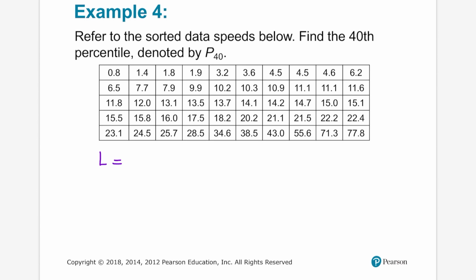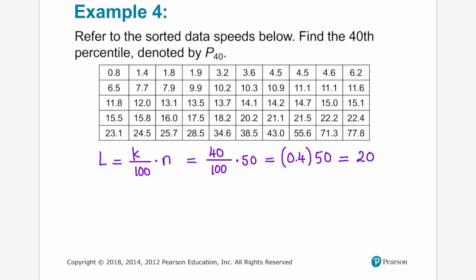L equals K over 100 times N. K is the percentile right here. So P40 means K is 40. So I have 40 over 100 times 50. So I get 0.4 times 50, which is 20.